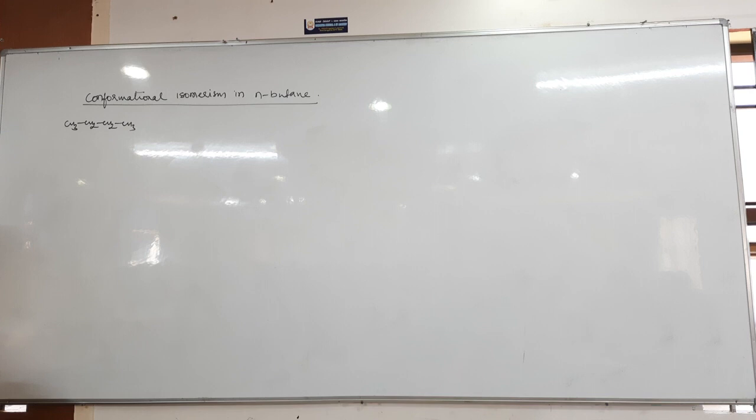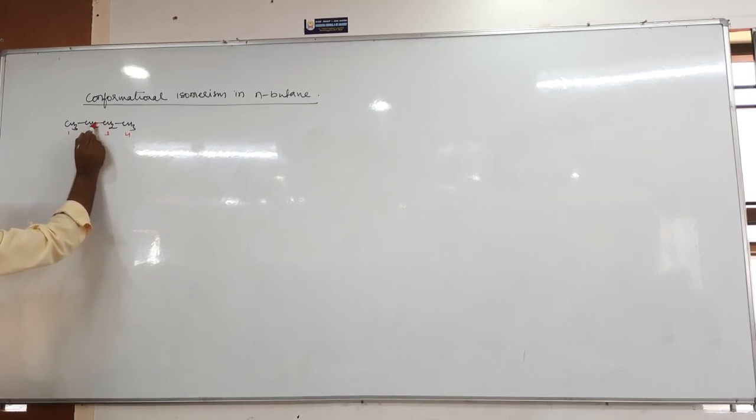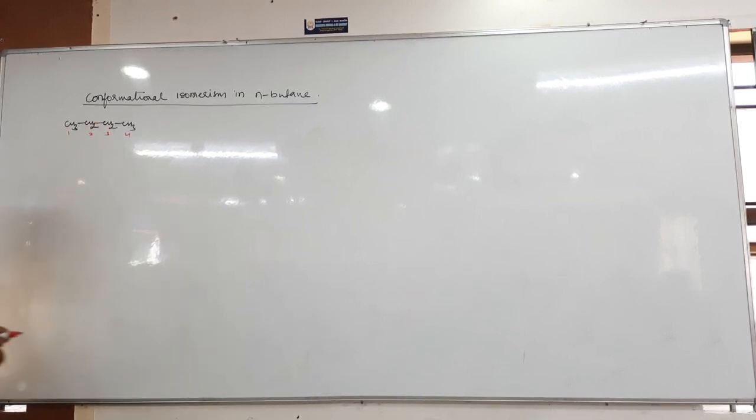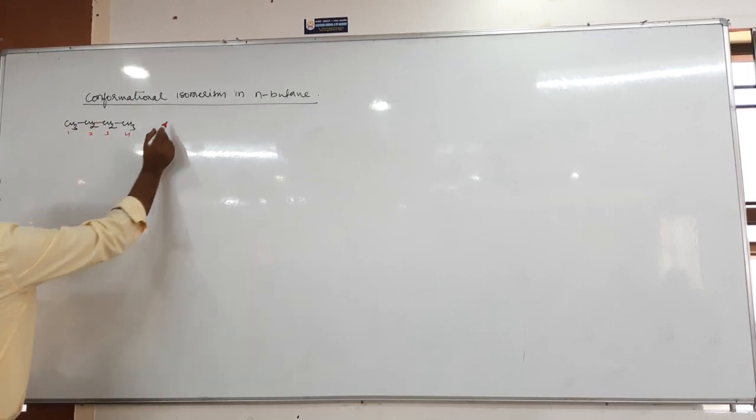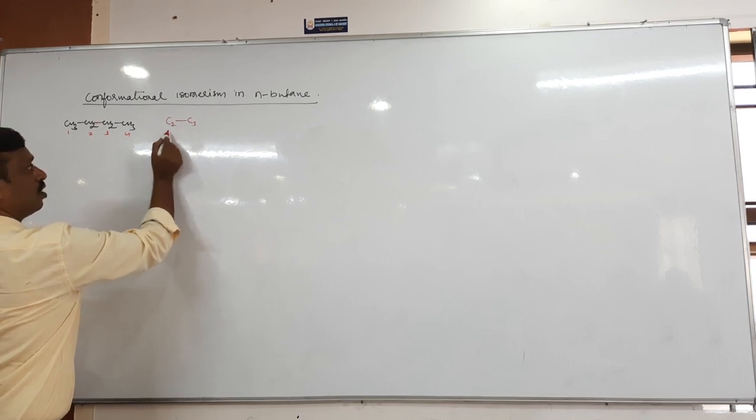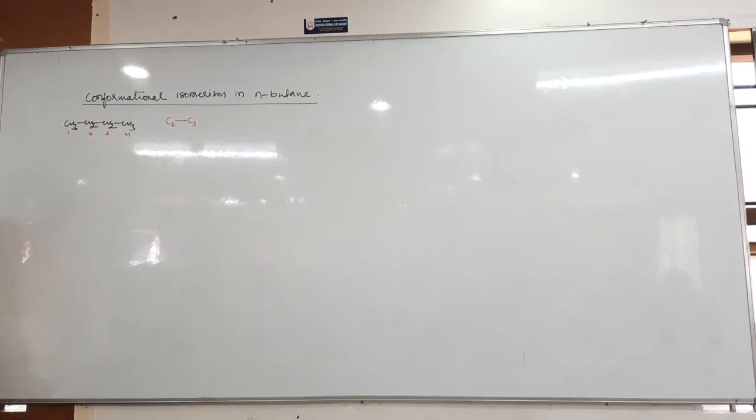When n-butane is rotated through the carbon-carbon single bond, that is C2 and C3, it forms an infinite number of conformational isomers, right?